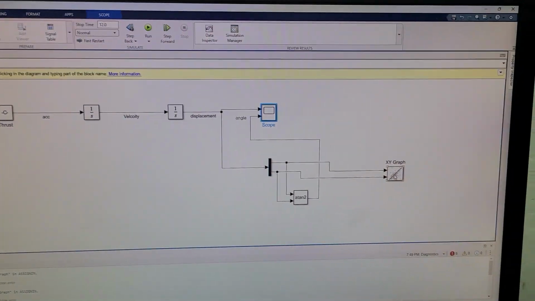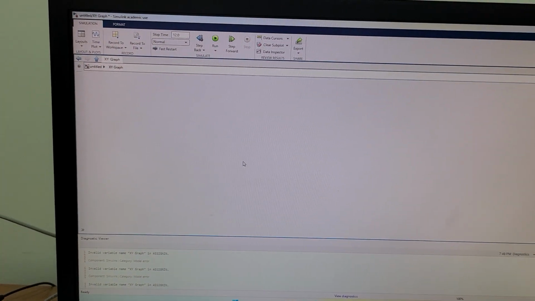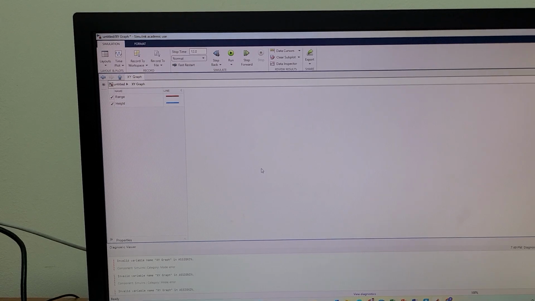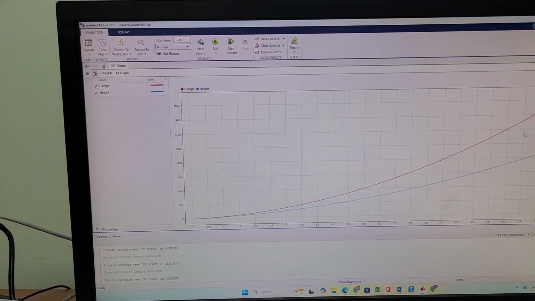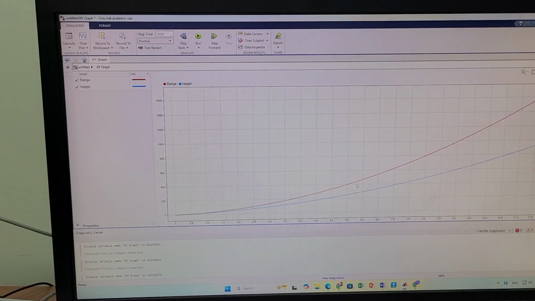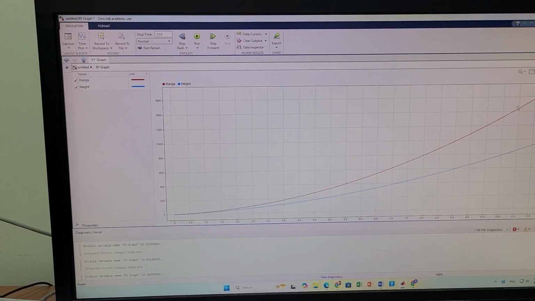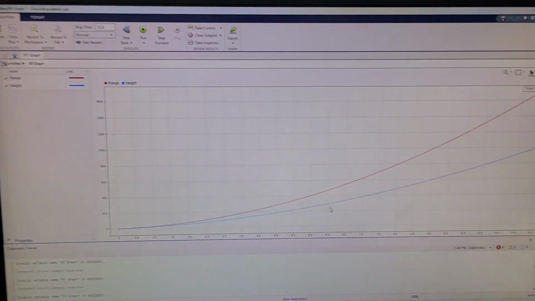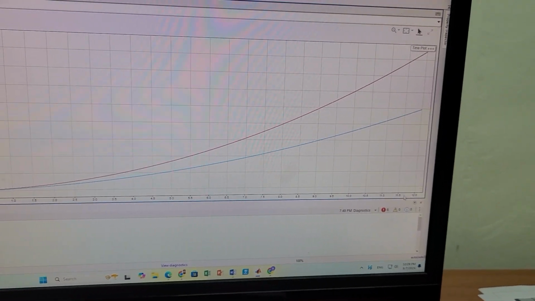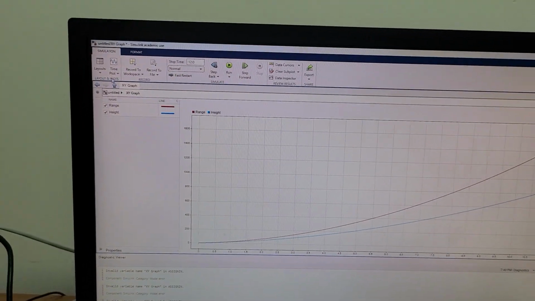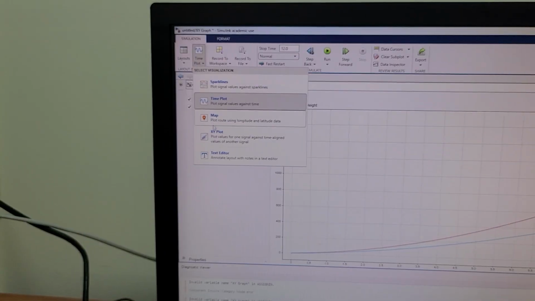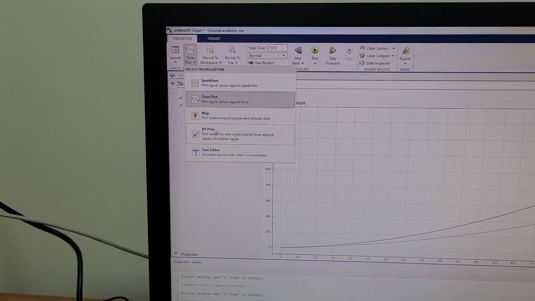Similarly, to see the XY plot, we have the XY plot over here. This is the time plot: the red one shows the velocity and the blue one shows the displacement, and the simulations are performed for 12 seconds.